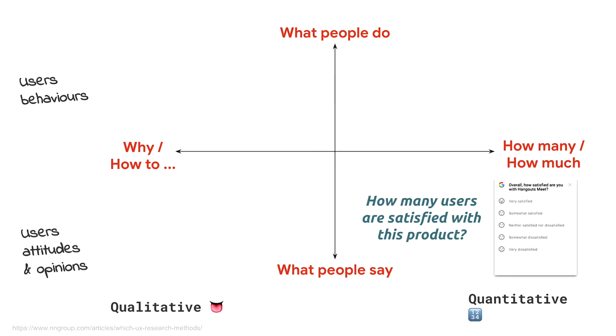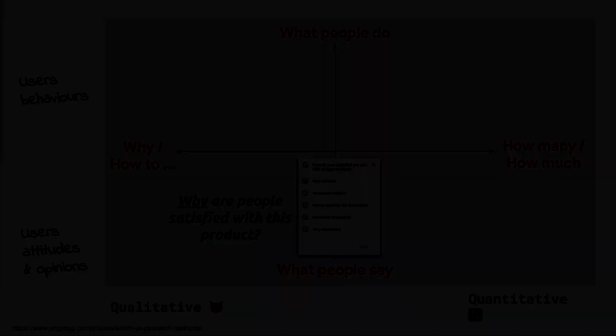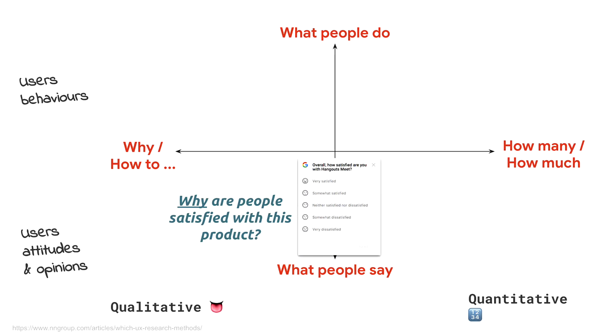So this type of survey can help you answer questions like how many users are satisfied with your product. However, it can also let you answer questions of why people are satisfied with this product, which kind of enters the realm of a mixed method. You will get feedback and opinion from users that you can then quantify and analyze with statistics.